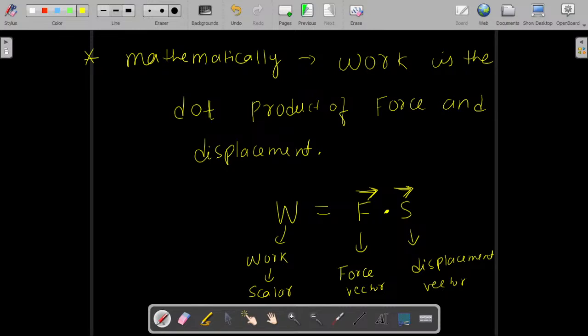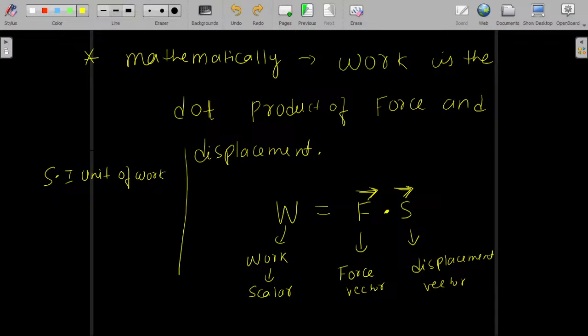Okay, so write down what is the unit of work. SI unit of work is joule. Write down joule.